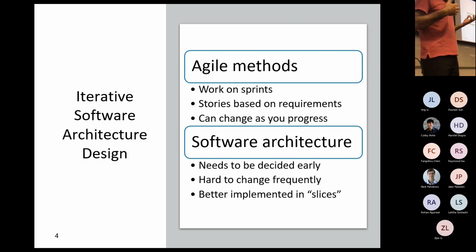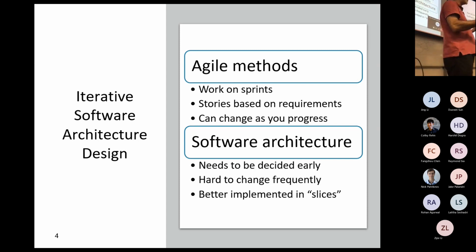These options cause problems, because in the old days, you do software design and then you do the implementation. But with Agile, you're doing bits of the implementation according to different user stories. That creates a conflict, because on the one hand, you have to have the architecture done before you do the coding.